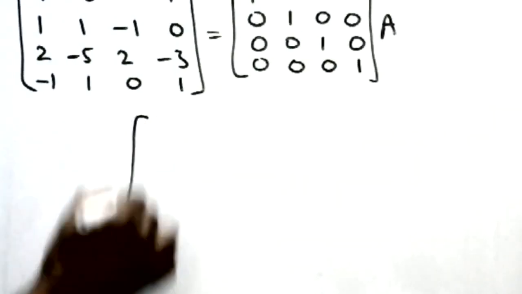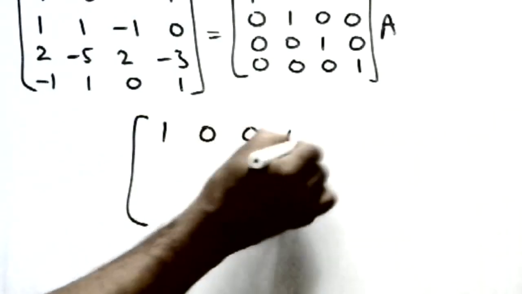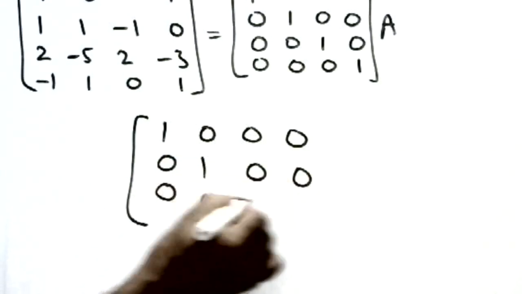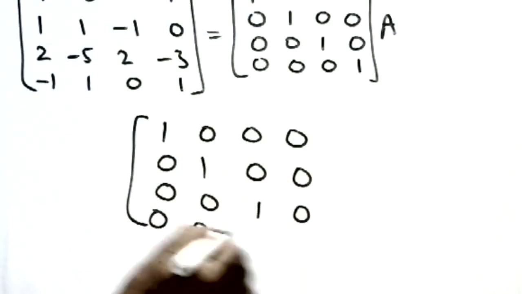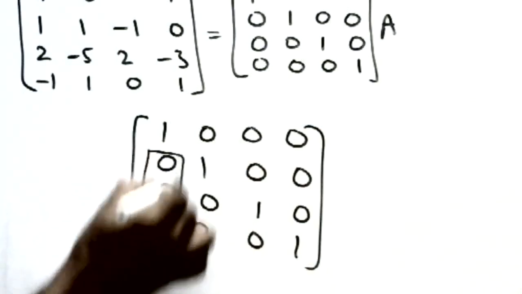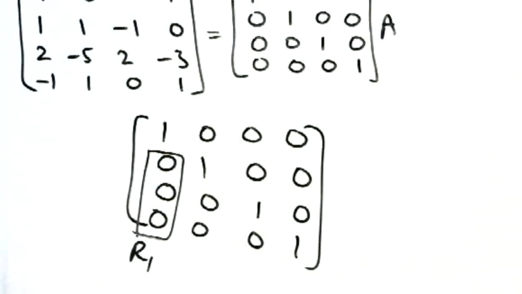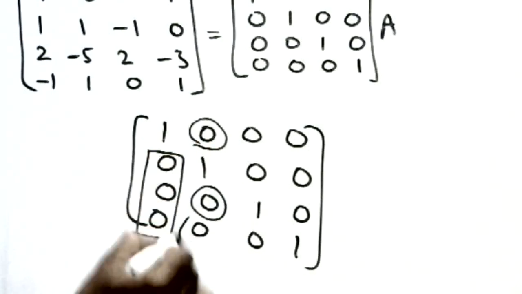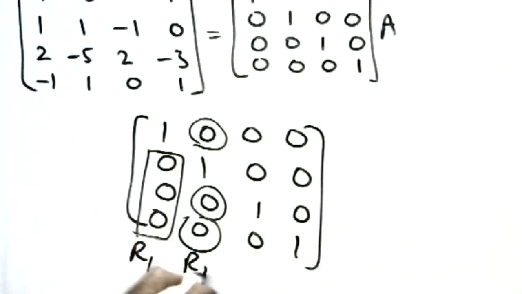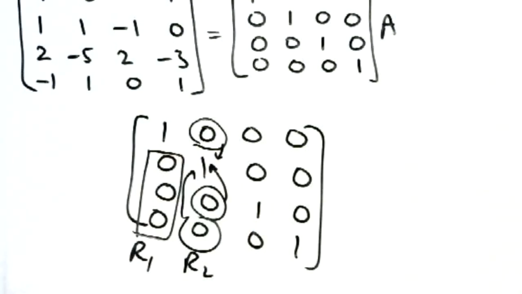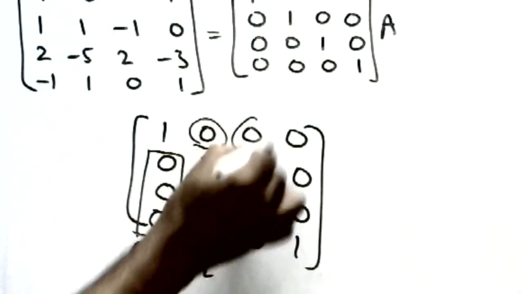Just recall how we find the inverse: we change A into the identity matrix. In the first step we must make these three zeros using R1. In the second step, make these three zeros using R2.